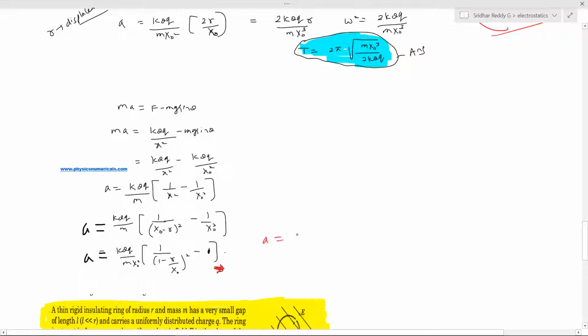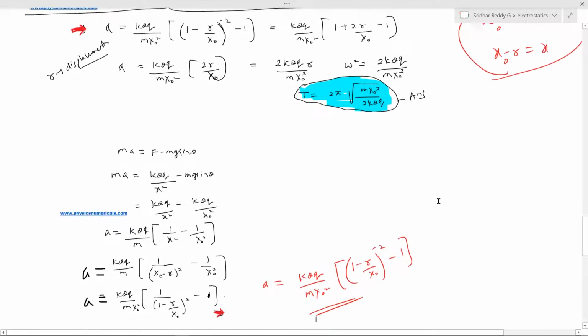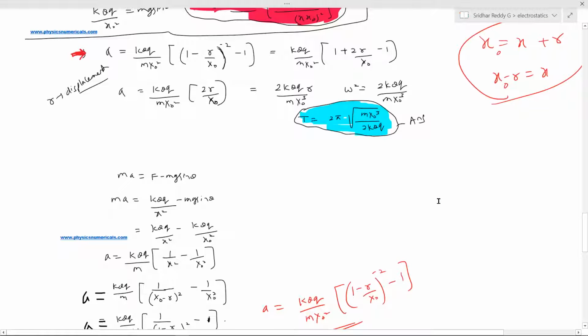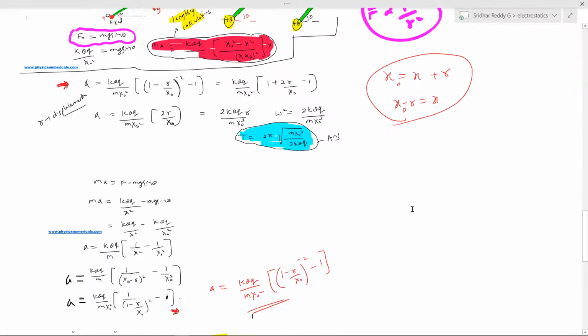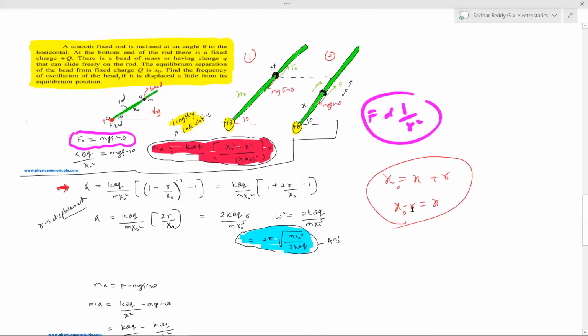Then how much will it become? a is equal to kq times (1 minus r by x naught) to the power of minus 2. Then the simplification part. Okay, is it okay? Fine. I'll go back to the original thing where we started. The expression for acceleration a should be equal to this much here.